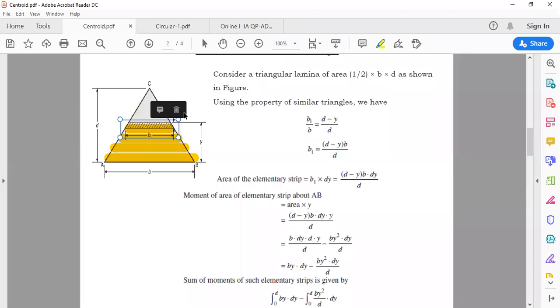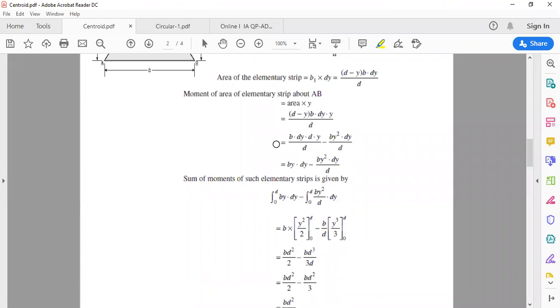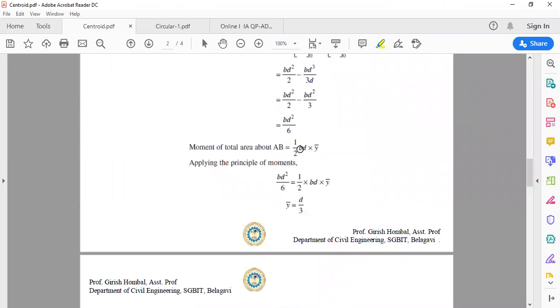I do not know what is the perpendicular distance. Thereby what I'll do, I'll take it as y bar. So this is half into b into d into y bar. This is area into perpendicular distance. So this is the fourth point.